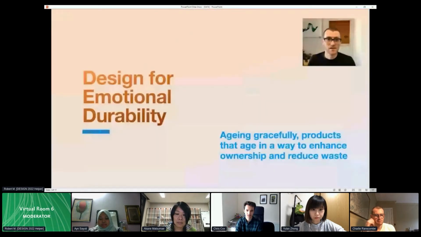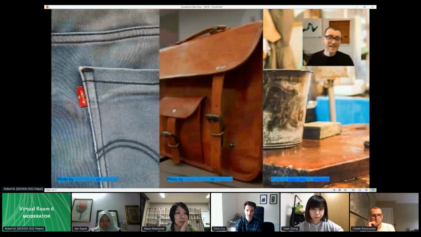So our approach to this problem stems from this idea of design for emotional durability. This is the idea that we might be able to design products which age gracefully or age in a way that stimulates us to cherish them and hold on to them for a bit longer, staving off the desire to throw them away. Now, this is a trend that certainly exists.